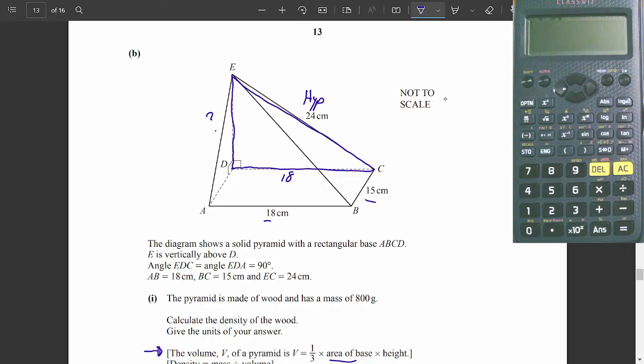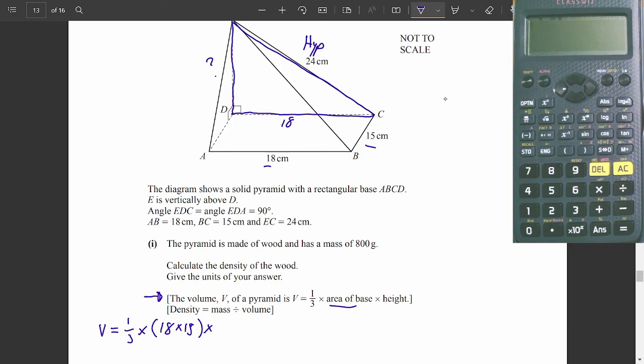That means we can work out DE. Just to refresh our minds, Pythagoras will be CE squared equals CD squared plus DE squared. Or rather, since we want to find DE, it would be the other two subtracted.